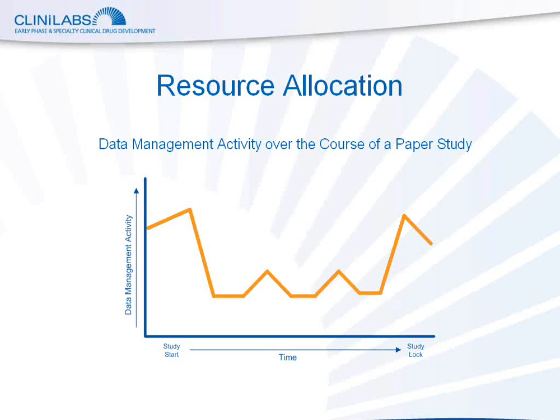There's a flurry of activity to get the study set up, and then another flurry of activity to get the database locked. Additionally, because much of the data manager's work is dependent on the CRFs arriving in-house, it is usually difficult to anticipate the workload of data managers during the study. During these times, one normally sees spikes of activity with longer intervals of low activity in the workloads of the data managers.